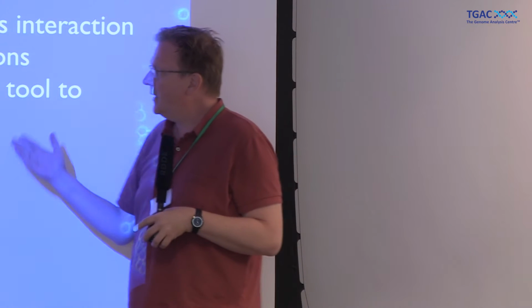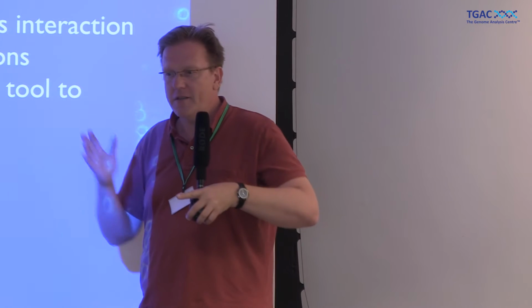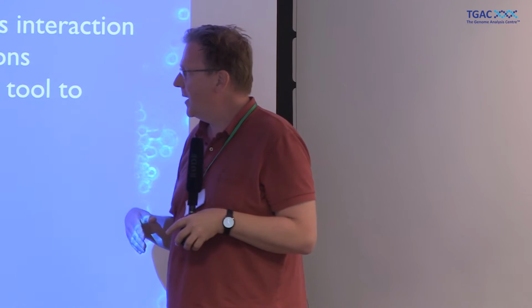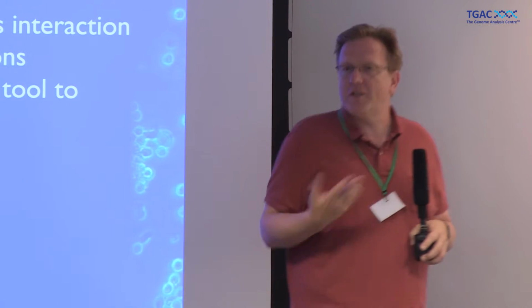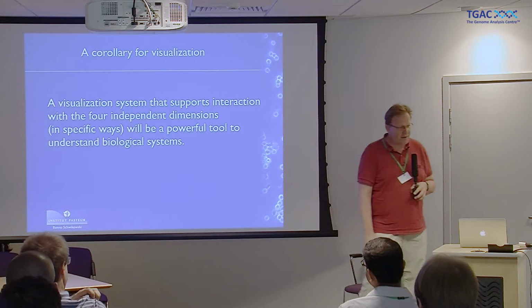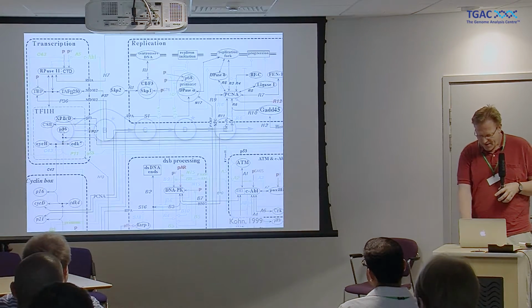But here, really, the data lives in a higher dimensional space, with really independent dimensions. And I have not seen a system that lets us browse and select and operate and model on these different subsets that you might want to look at. So this was the biology part, a suggestion for a visualization system.